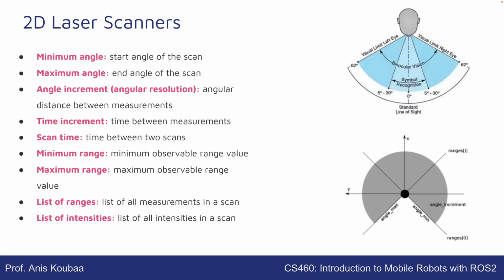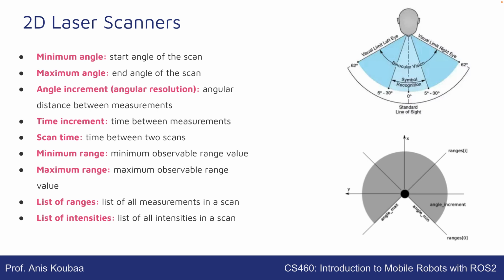Usually the border is not always exact. You will see, for example, a scanner claimed to be 270 degrees, and you will find it at 255. So if you have an increment of 30, you will have maybe 5 readings or 4 readings, something like this.